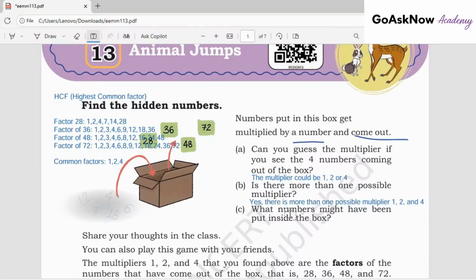Now part C: what number might have been put inside the box? Let us check the first one, where the multiplier is equal to 1: the same numbers, 28, 36, 48, 72. Next, the multiplier of 2, where we divide: 28 divided by 2 is 14, 36 divided by 2 is 18, 48 divided by 2 is 24, and 72 divided by 2 is 36.